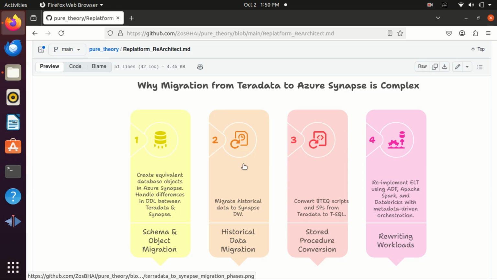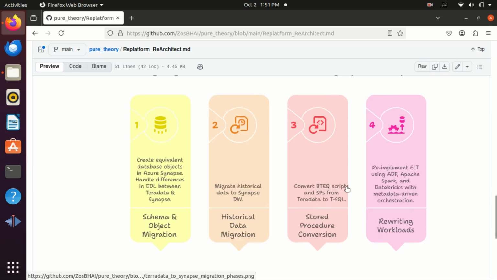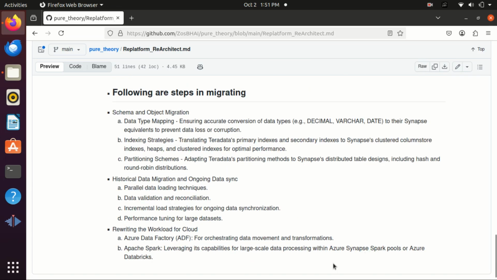Finally, we need to re-engineer the existing workload, like the stored procedures. For example, the stored procedures can be converted into T-SQL in Synapse, or you might choose to rewrite them using Spark. For Spark-based workloads, you can either use Synapse Spark pool, or you can leverage the Azure Databricks service.